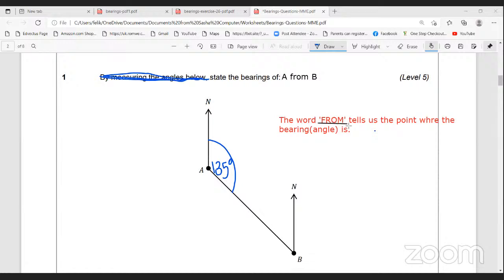So the from tells us where the bearing is. It says, state the bearing of A from B. Where is the bearing going to be? Are we looking for that angle at point A or at point B?